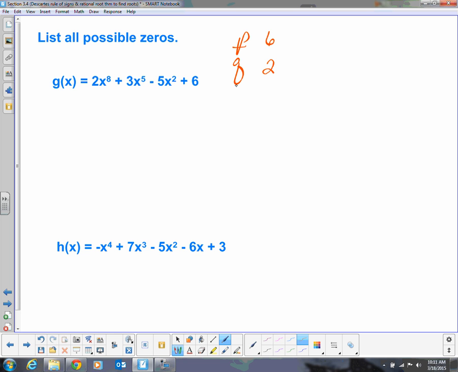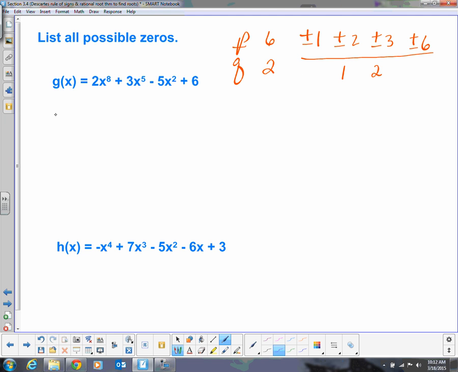Now you're going to list all possible factors of 6: plus or minus 1, plus or minus 2, plus or minus 3, and plus or minus 6. Now what are all the factors of 2? 1 and 2. I don't have to do plus and minus down here because it is taken care of up there.